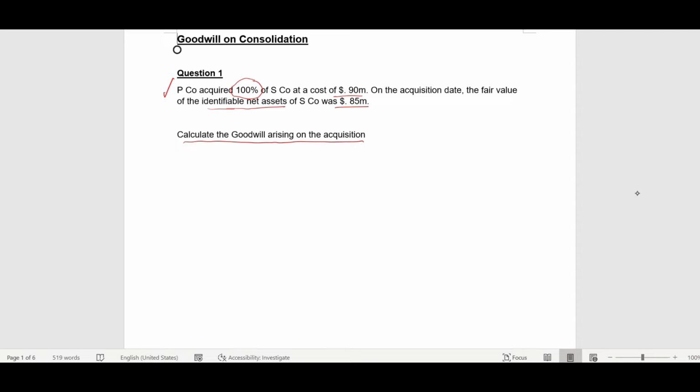You have to compare the consideration transferred plus the non-controlling interest with the identifiable net assets.